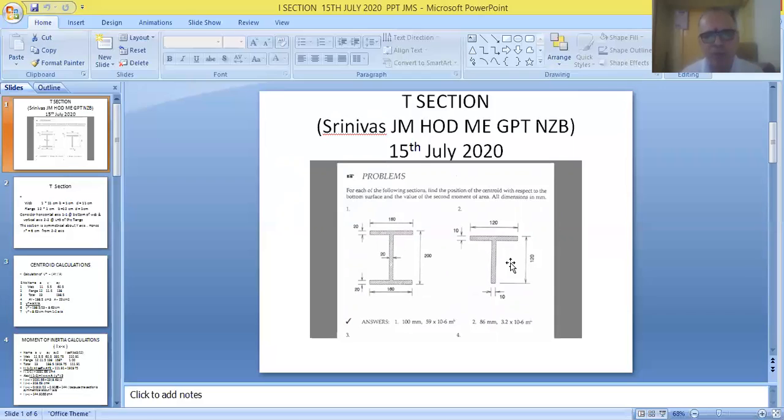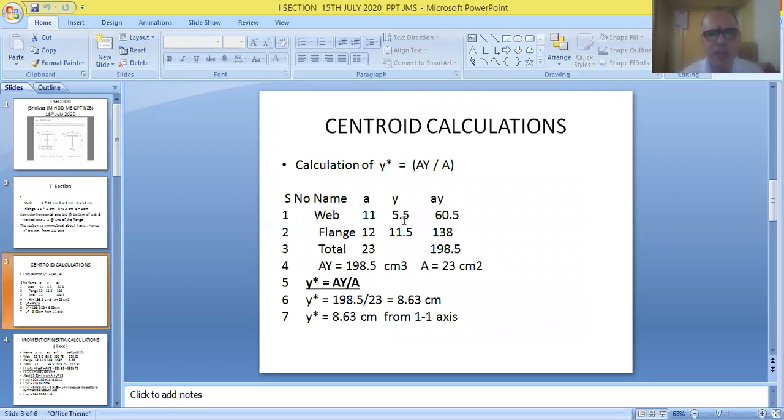For the first component, the Y value is taken as 11 by 2 centimeters. Total depth is 11 centimeter, take 50% of that value, and it comes to 5.5 centimeters. So the Y value for the first component is 5.5 centimeter, as shown in this particular table.